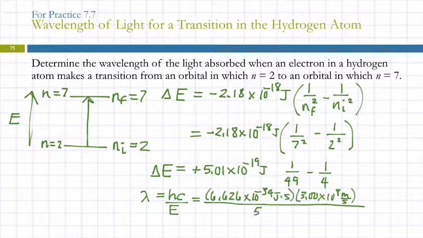This would be pretty tough if you didn't know how to use the scientific notation function on your calculator. What are the units going to work out to? Meters. So joules cancel joules, seconds cancel seconds, I'm left with meters. Okay, so 6.626 times 10 to the minus 34 times 3 EE8 divided by 5.01 EE minus 19.